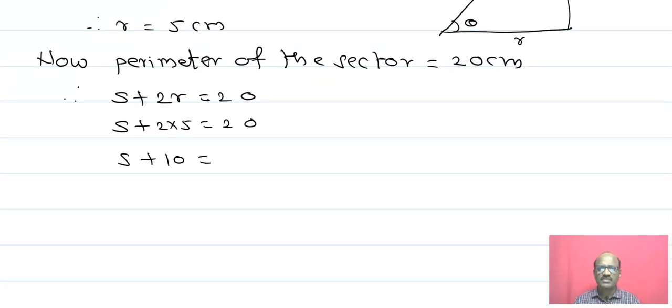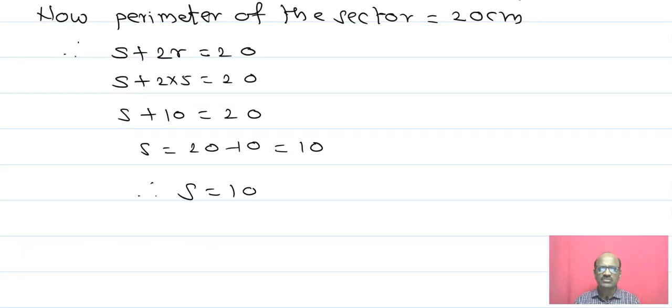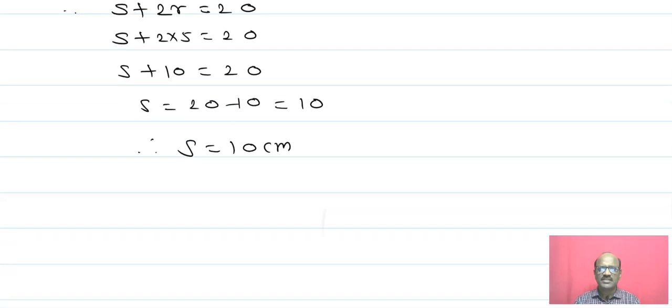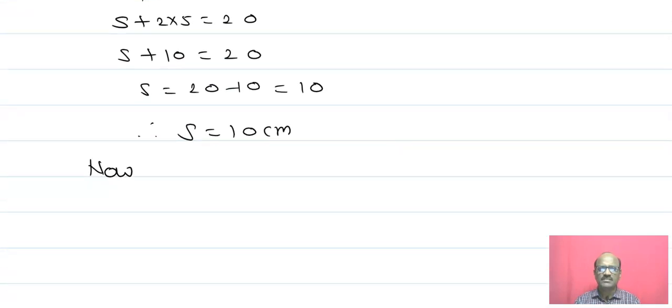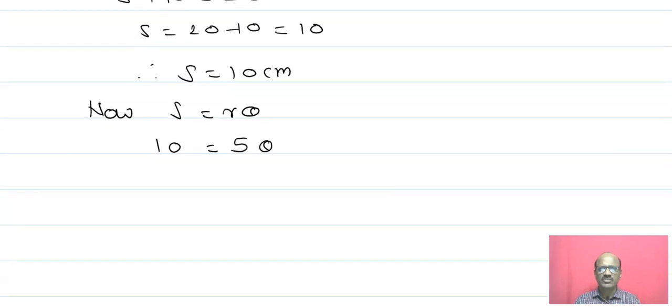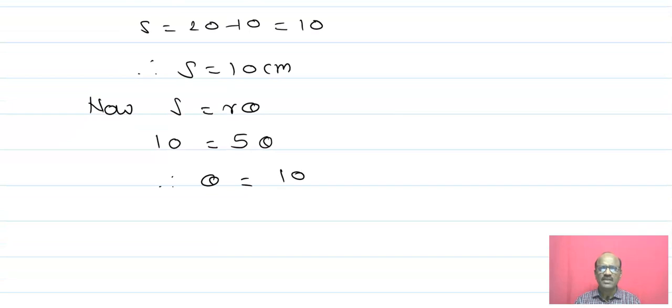Substitute the values, that is s plus 10 is equal to 20. Therefore s is equal to 20 minus 10, that is s is equal to 10 centimeter. This is the length of the arc. Therefore s is equal to r theta, that is 10 is equal to 5 into theta. Therefore theta is equal to 2 radian.